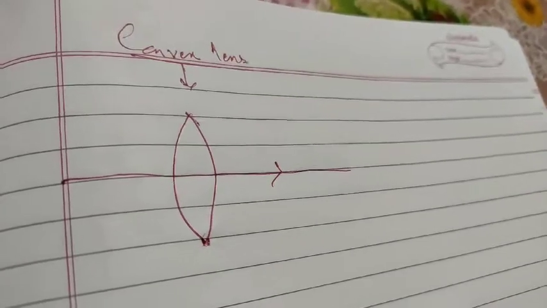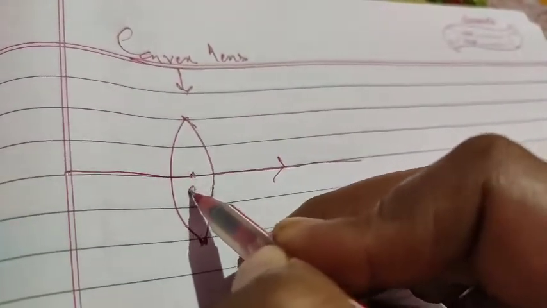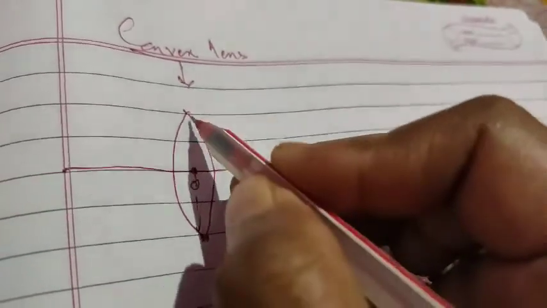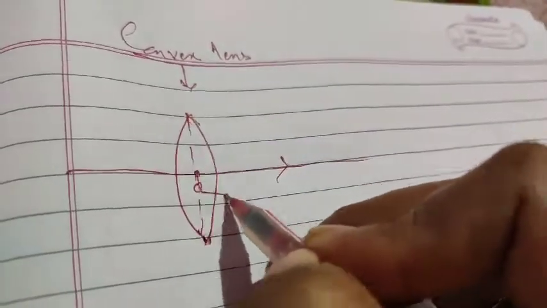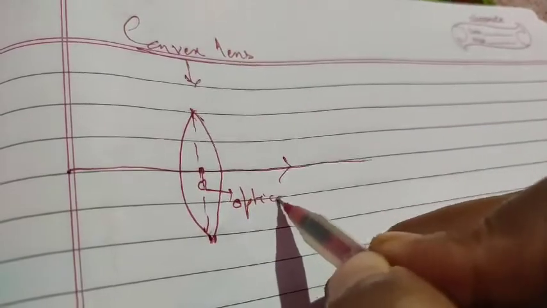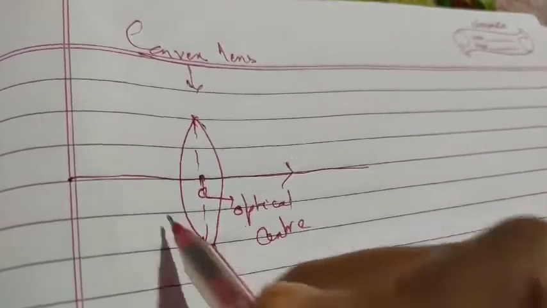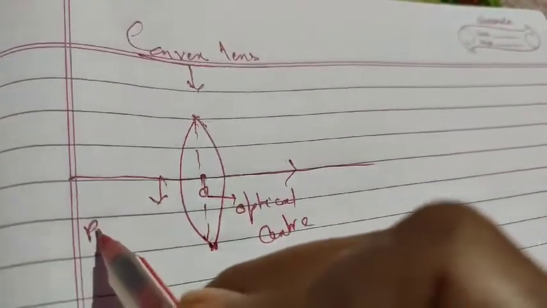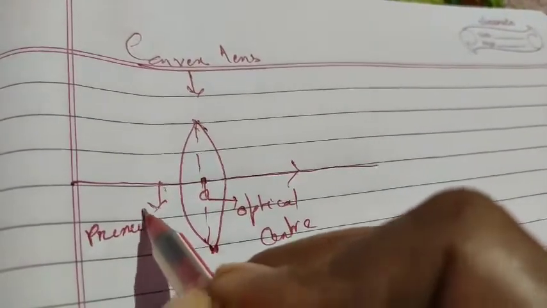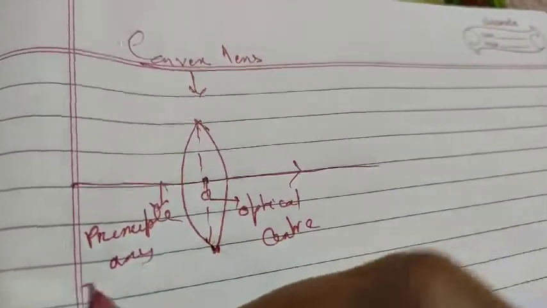If you take this point as O, this point is known as the optical center, and the line passing through the optical center is the principal axis. Clear to you?